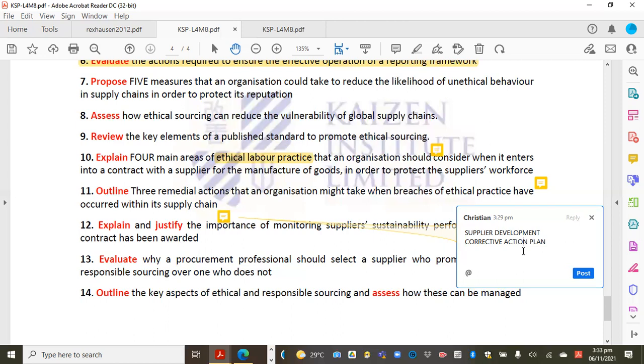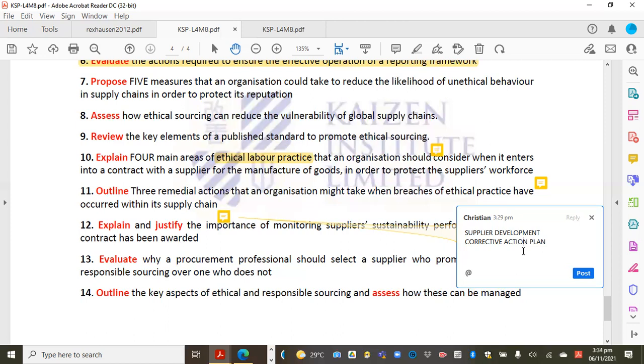So as a buying organization, we will be monitoring you. You weren't paying living wages. Now you have to pay living wages. So at the end of the month, we will call any of your workers and find out if they have really seen an improvement in their salary. So it's clear how the progress will be monitored.